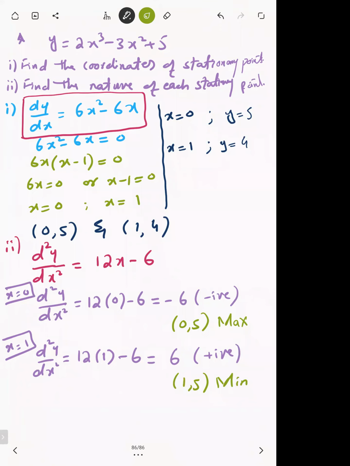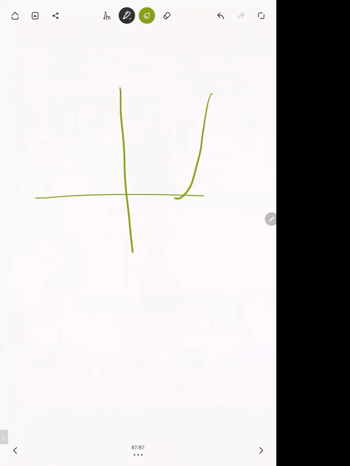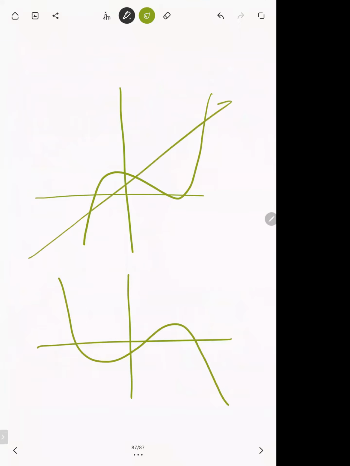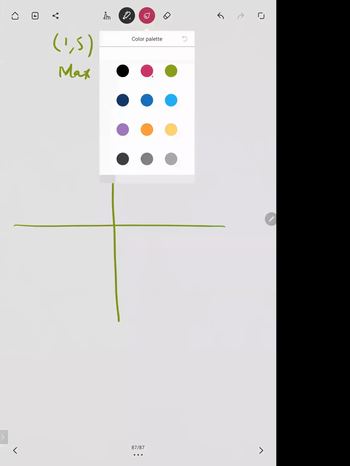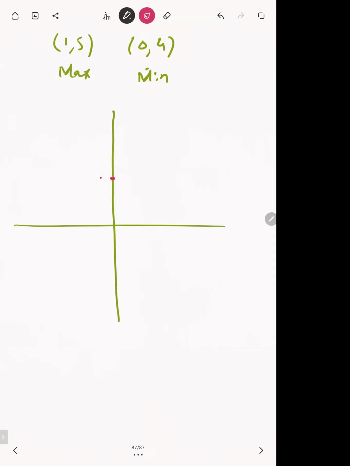Just to give an idea, I want to sketch this curve for you. Cubic curves are either this or this one. If the coefficient of x cube is positive, then the graph is rising. If the coefficient of x cube is negative, it must be falling like this. We know the coordinates (0, 5) is the maximum and (1, 4) is the minimum.